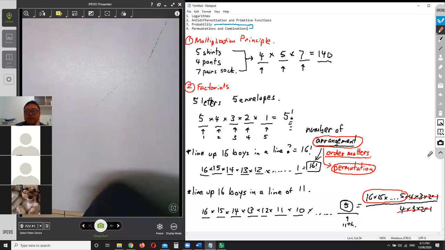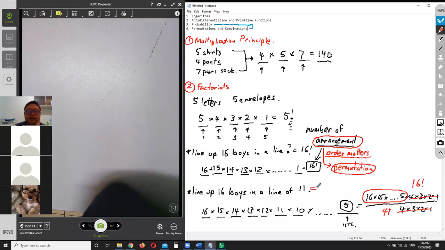What is the top? The top is 16 factorial. Yep. Because 16 times all the way to 1. And what's the bottom? 4 factorial. And by the time you cancel the 4 factorial out of the 16 factorial, you're actually left with the answer. Does that make sense? Yes.